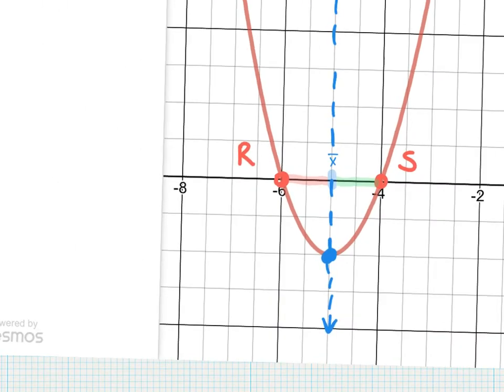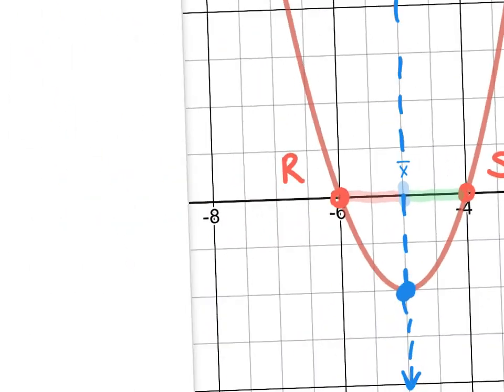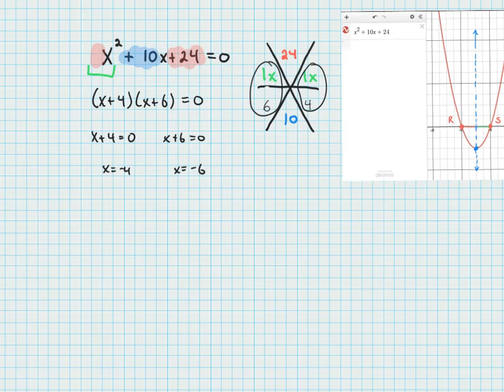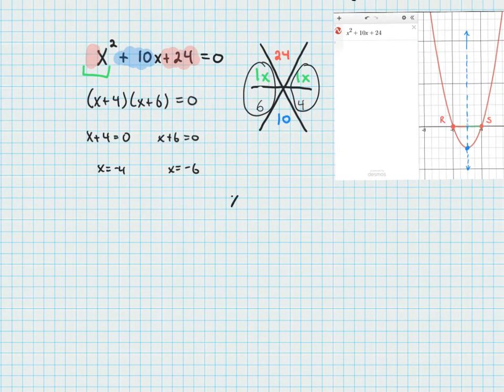So how did we find x bar? We found x bar using negative b over 2a. That's to find the axis of symmetry. So let's go ahead and do that right here. We know that a is 1, and we know that b is 10.